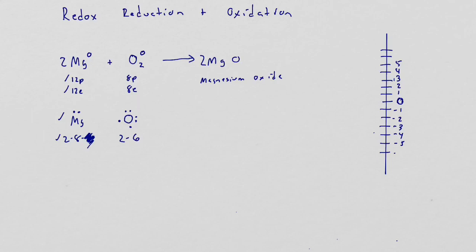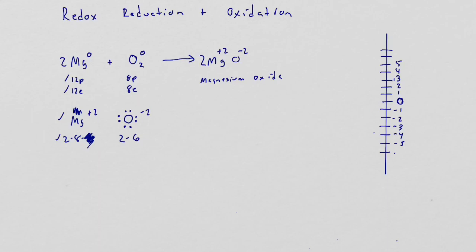And so the magnesium loses 2 electrons, and it becomes positive 2. Now, what's important is how its charge changes, which we're going to call oxidation numbers soon, but not yet. The oxygen turns into oxide. It gets these 2 electrons, so this ends up being -2.